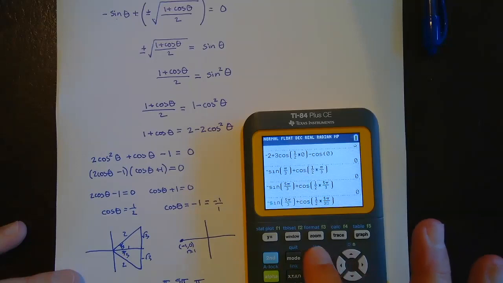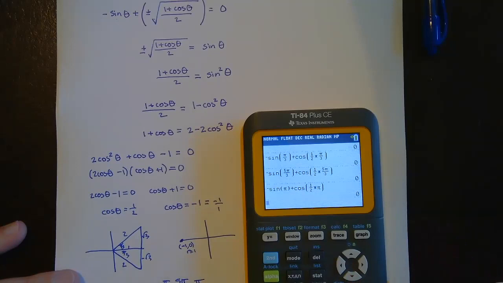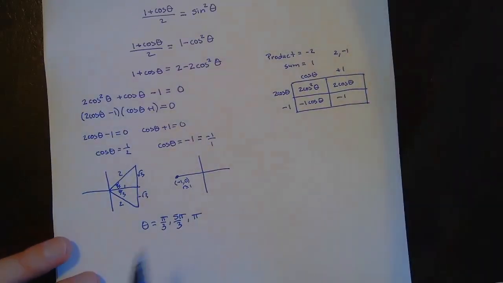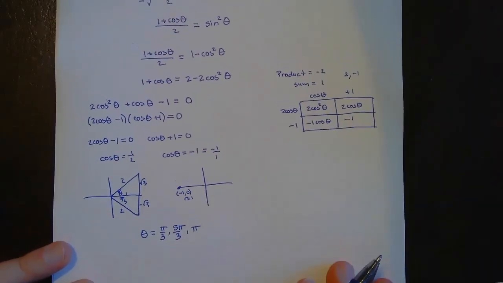We got to delete the fraction bar. And that one gives you 0, right? So guess what? In this case, all 3 work, right? And you just don't know until you start testing them, okay? So for this one, all 3 are our answers, okay?